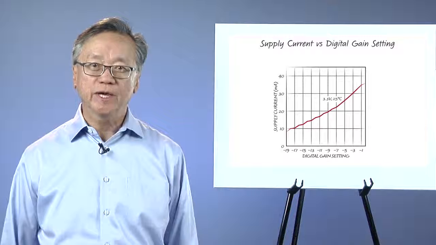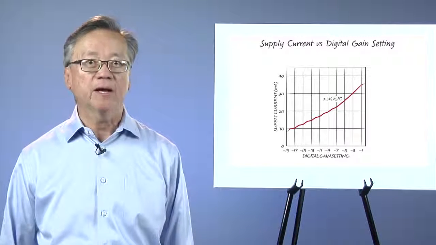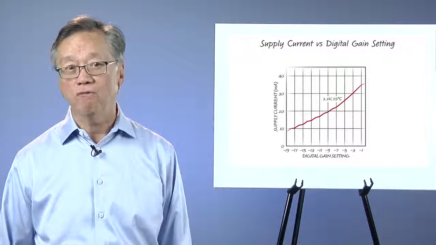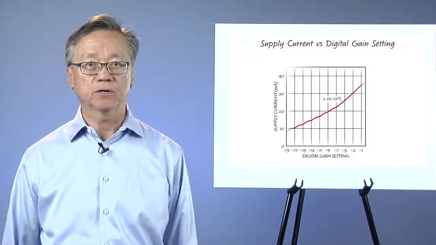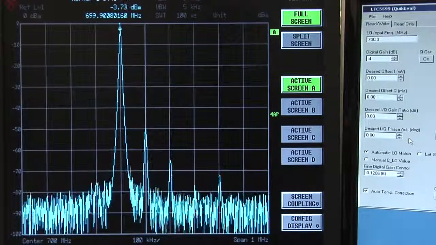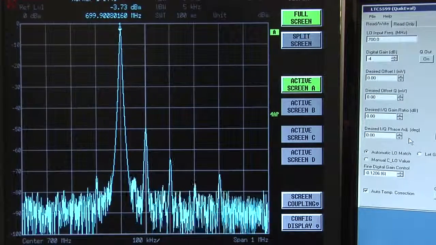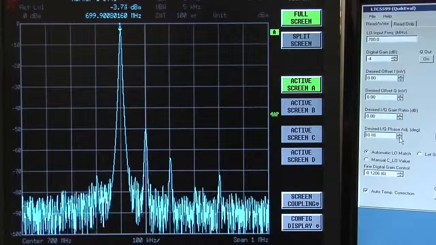With direct conversion transmitters, both the undesired sideband and the carrier are either in band or very close in. So suppressing them is important to minimize signal corruption. To dial in the best sideband suppression, we first change the phase balance register. We adjust until the image is at the minimum.